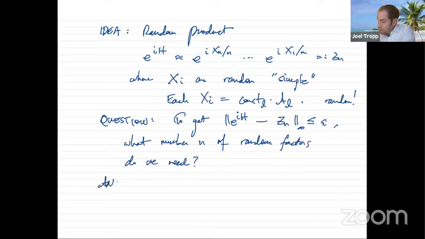And so it turns out that for the problem that I've described to you, about the best you're going to do is log d times lambda squared divided by epsilon squared.